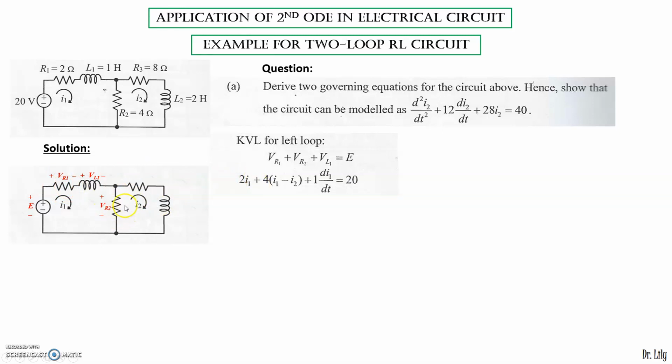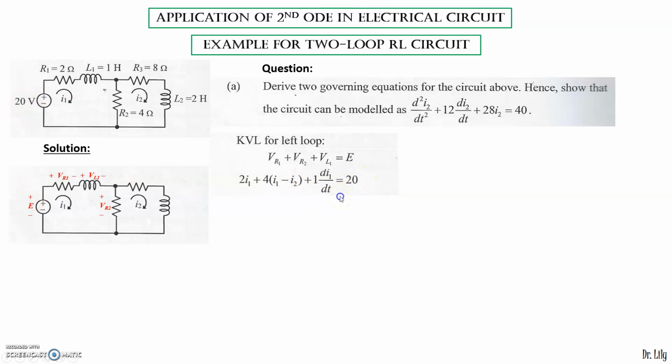For R2, R is equal to 4 ohm, and the mesh current going through R2 is I1 minus I2, so you have 4 multiplied by I1 minus I2. For VL, VL is equal to L dI over dt. L is 1 Henry and I is I1, so you have 1 multiplied by dI1 over dt, equal to E, which is 20.